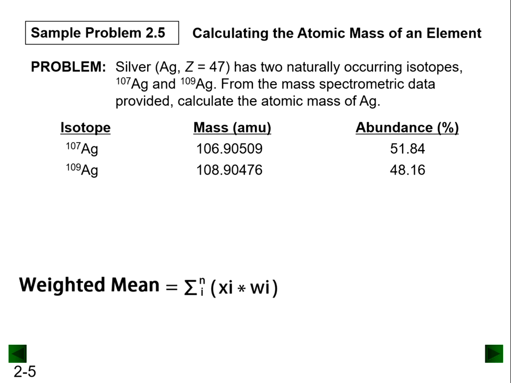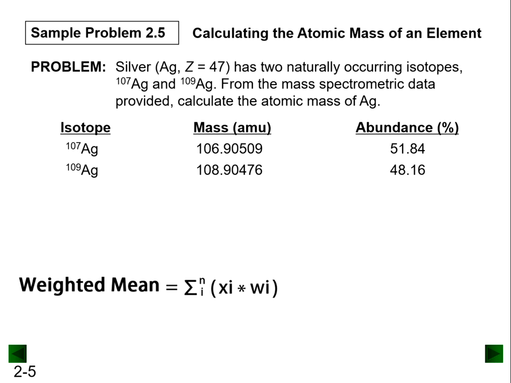The weighted mean is equal to the sum of each individual mass value, that would be the x sub i value, multiplied by the fraction of that particular isotope, and that's w sub i. So for this case, for example, silver 107, the w sub i value would be 0.5184. So we don't write it as a percentage, we write it as a fractional value. And the sum of all the w sub i's will equal 1.